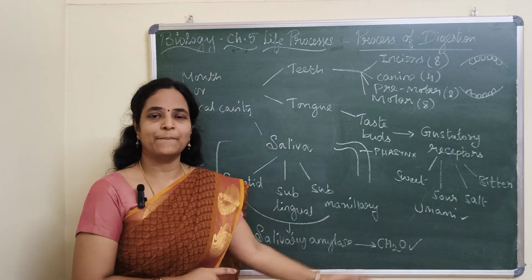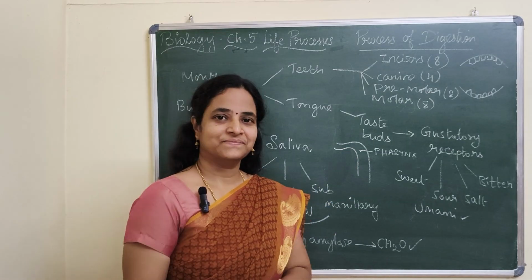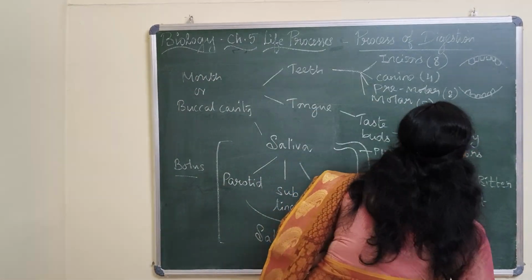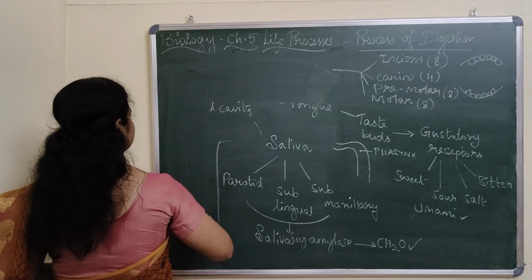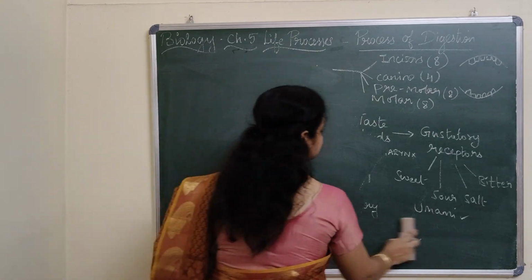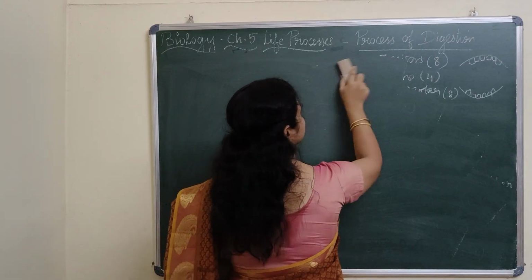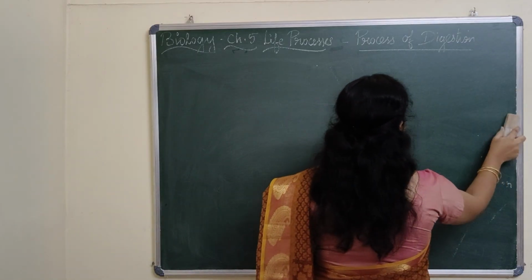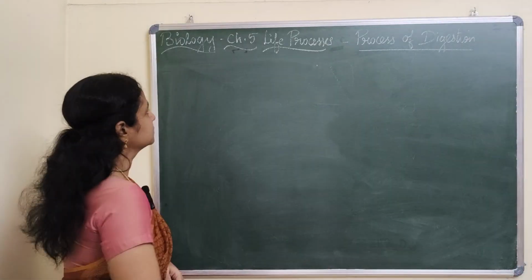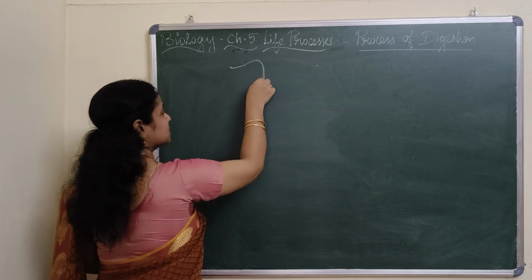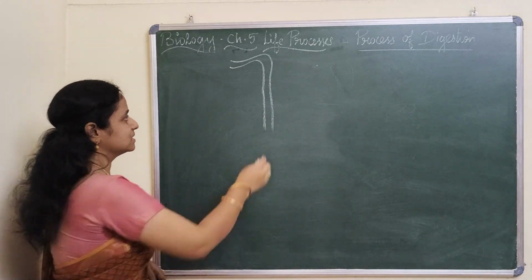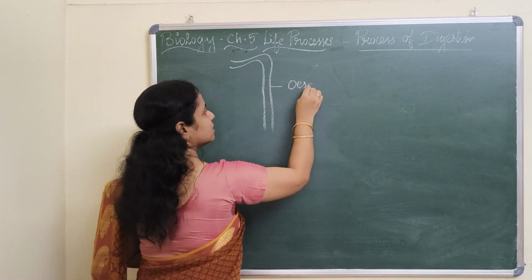So now let us see what happens in the esophagus. Now, from the mouth, the food reaches the pharynx and reaches the long tubular structure called the esophagus or the food pipe.